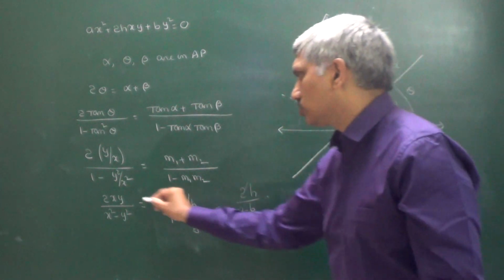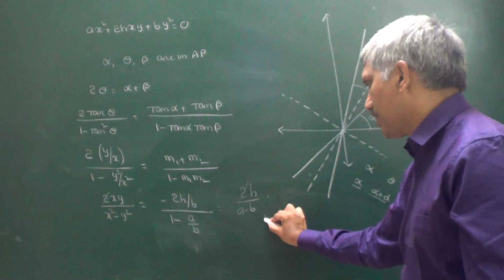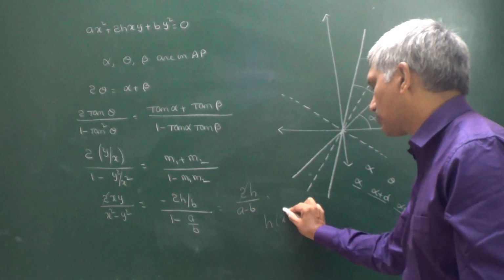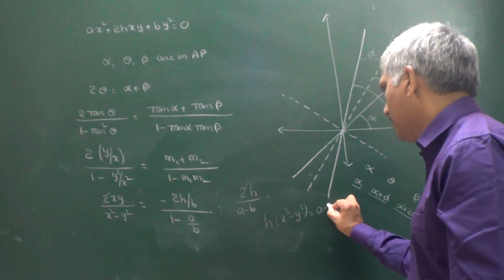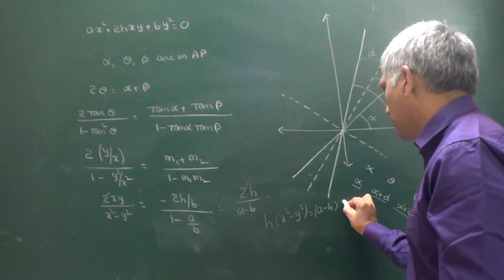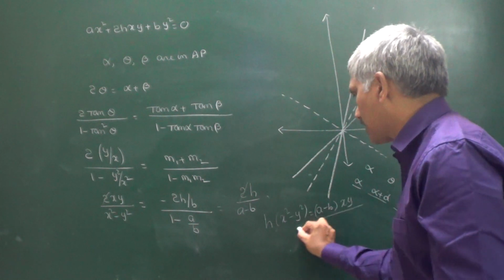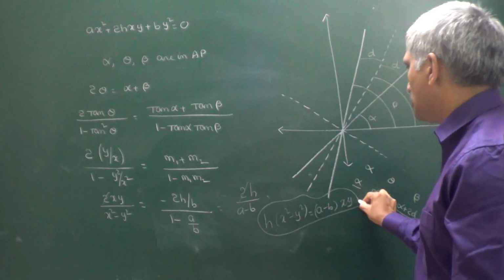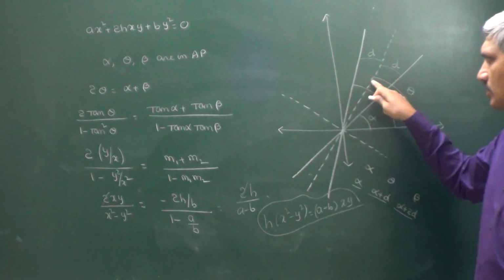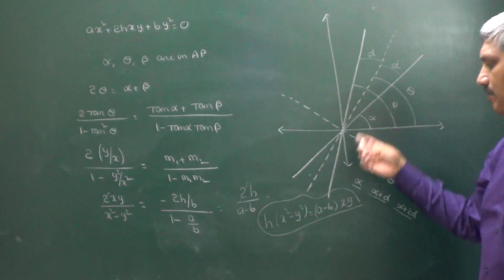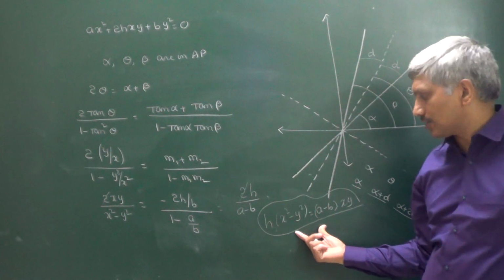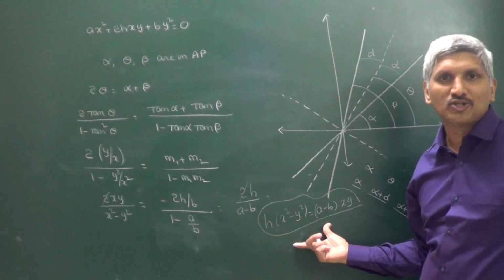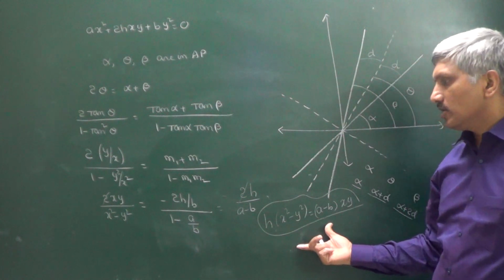Now on both sides 2 gets cancelled, and we get h into x square minus y square is equal to a minus b into xy. This is the combined equation of these two dotted lines. These two dotted lines' combined equation is given by h into x square minus y square is equal to a minus b into xy, right?